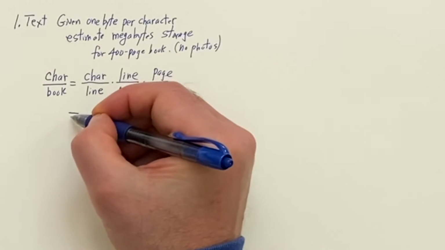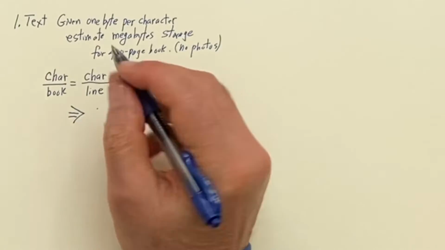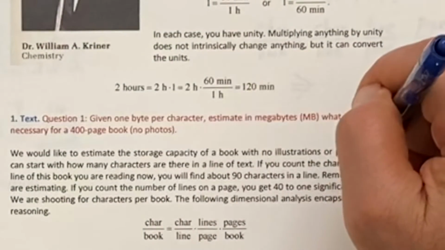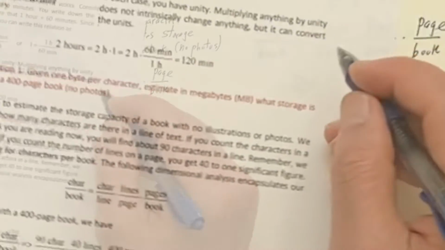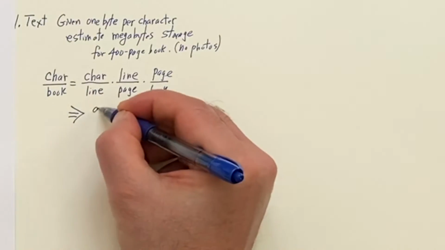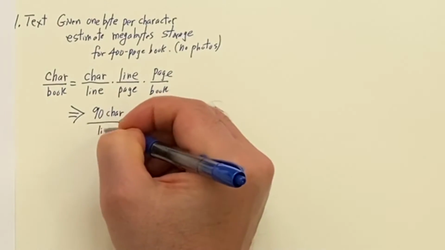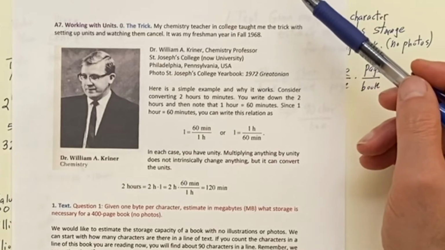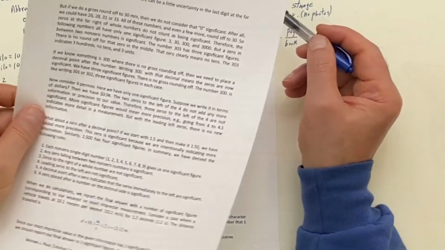So here I would have, if you just count how many characters there are, and spaces would count, from left to right, just count how many in a line, you'll find there's about 90. There's about 90 characters in a line. Then if you were to count, now there's no pictures, so we're basically looking at text.